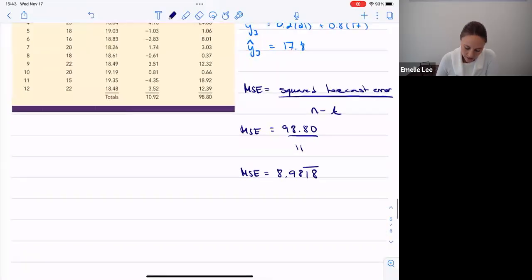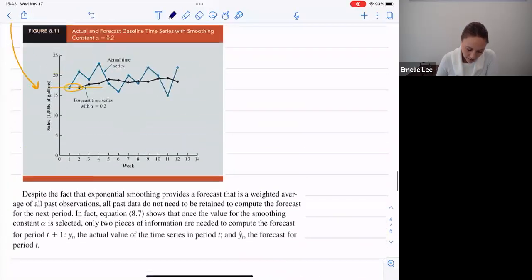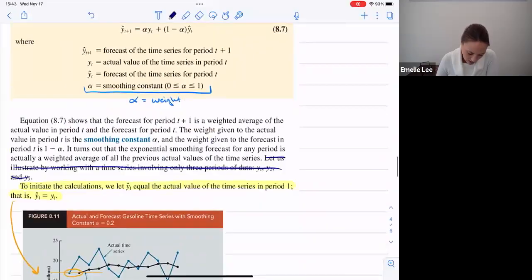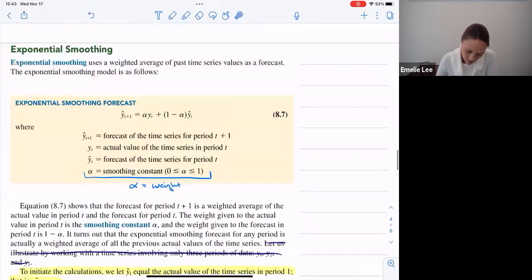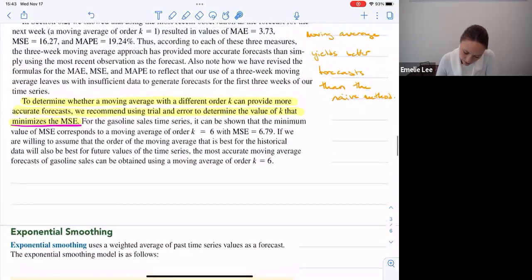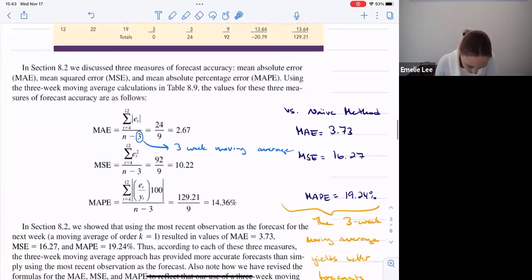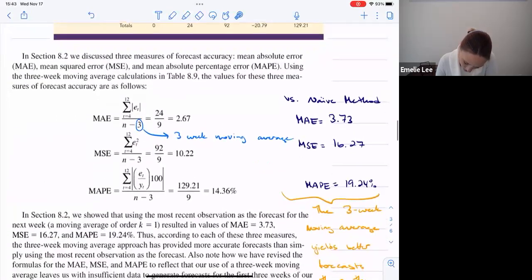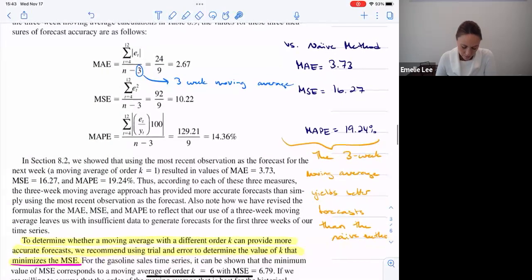Okay. Comparing this mean squared error to the moving average, the 3-week moving average had a mean squared error of 10.22, right? And so our exponential smoothing forecast method is better, right?